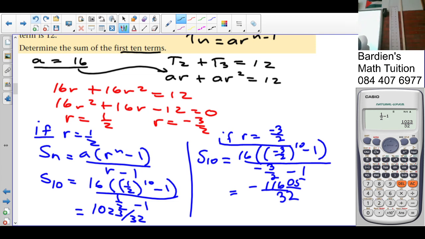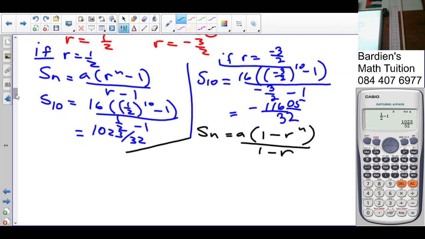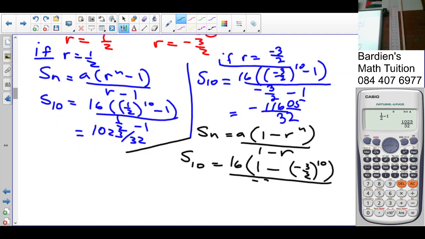Okay. So she's asking me to use the other formula for this one, so it's going to be Sn is equal to A into 1 minus r to the n over 1 minus r. So S10 is equal to A is 16 into 1 minus, open a bracket, negative 3 over 2 raised to the exponent 10 over 1 minus negative 3 over 2.